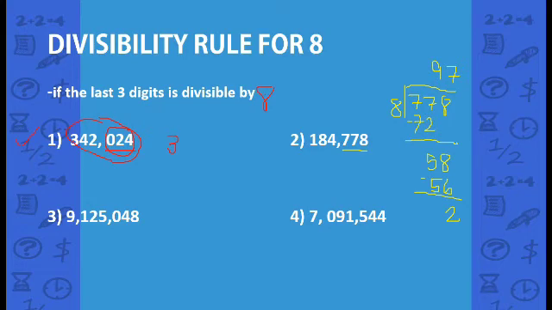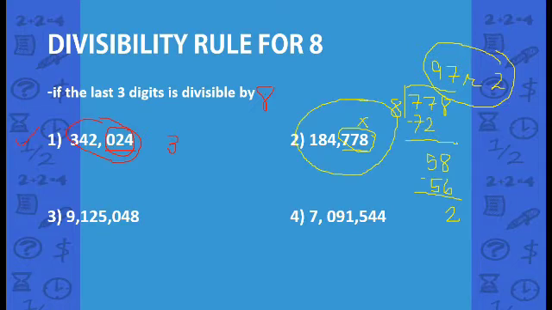So, ang sagot natin ay 97 remainder 2. So, ang nakuha nating sagot ay hindi exact number kasi meron siyang remainder. Meaning, 778 is not divisible by 8 and so 184,778 is not divisible by 8.